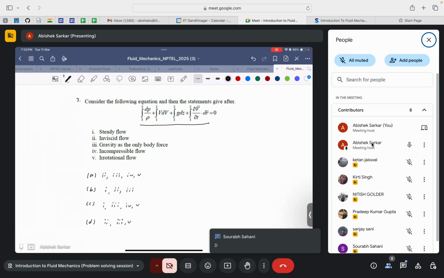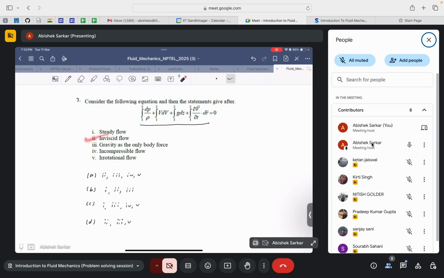Saurabh says it's D. So he says the flow is inviscid, 3 is gravity is the only body force, of course, and 5, flow is irrotational, because we are not having the other term. It is this term, right? So actually it is correct, because flow cannot be steady, because we are having an unsteady term, so this is wrong.